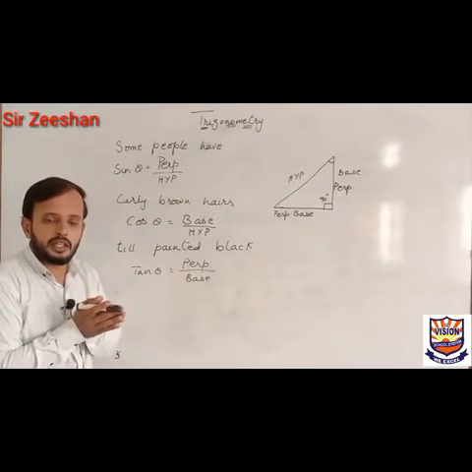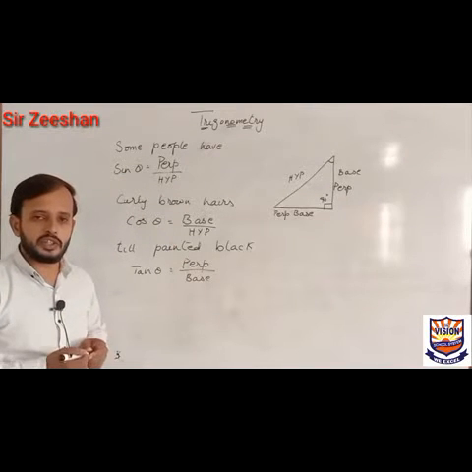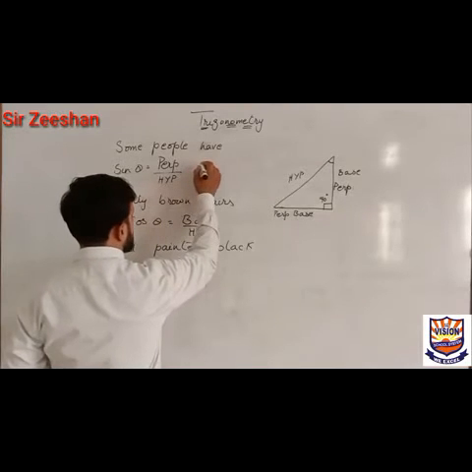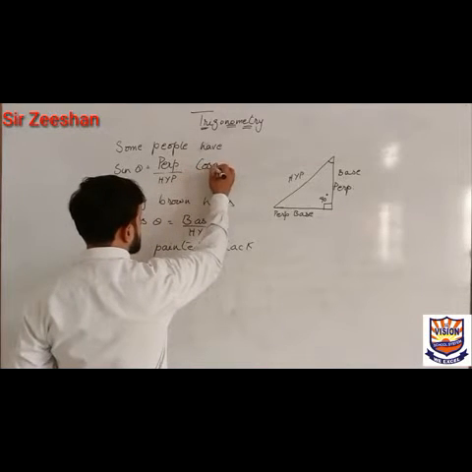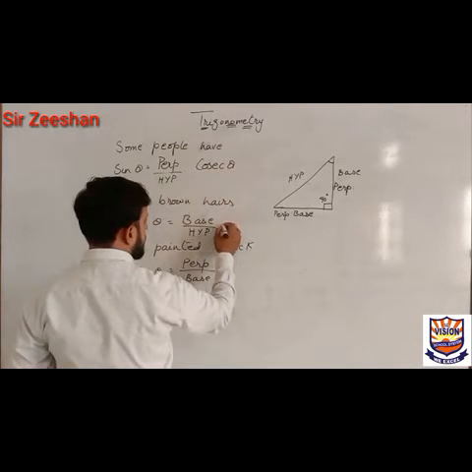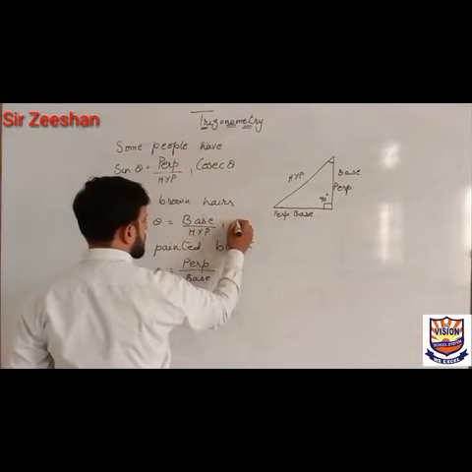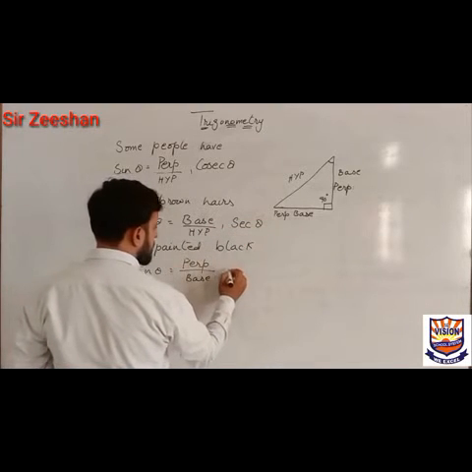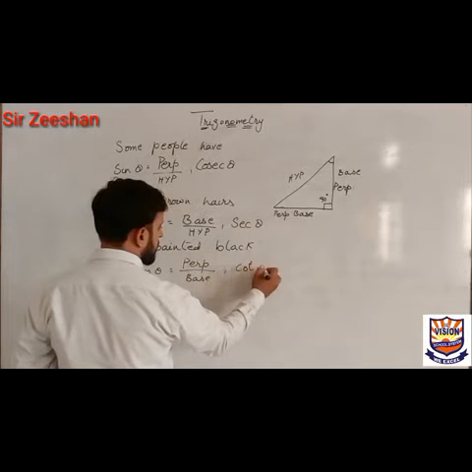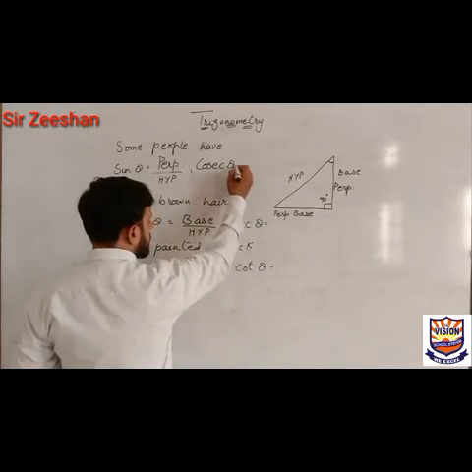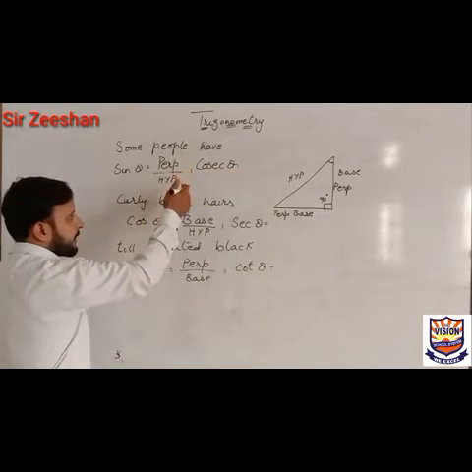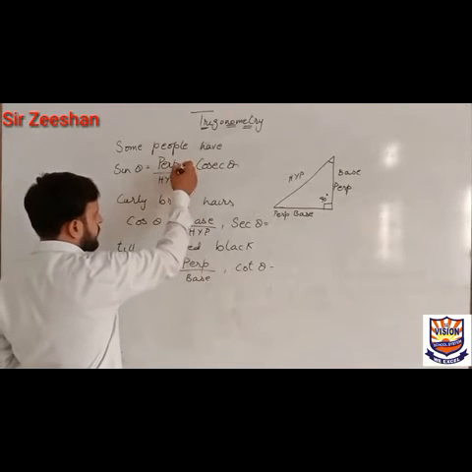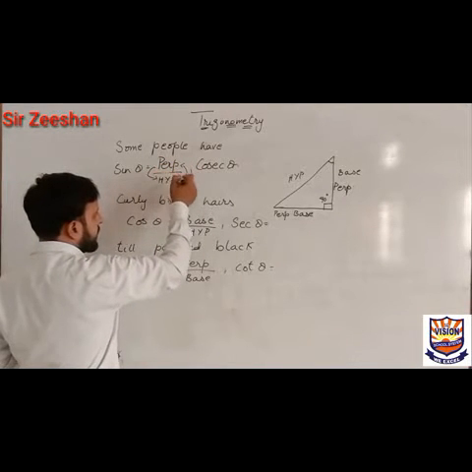With that, there are three more trigonometric ratios that are inverses of these. The inverse of sine is cosec theta. The inverse of cos is sec theta, and the inverse of tan is cot theta. And what about their values, sir? If we go with the inverse, the position of the formula will be inverted.